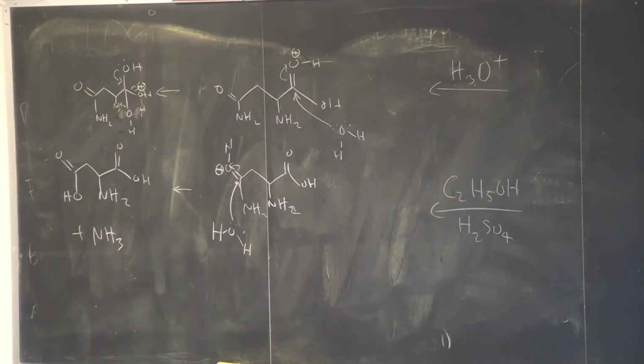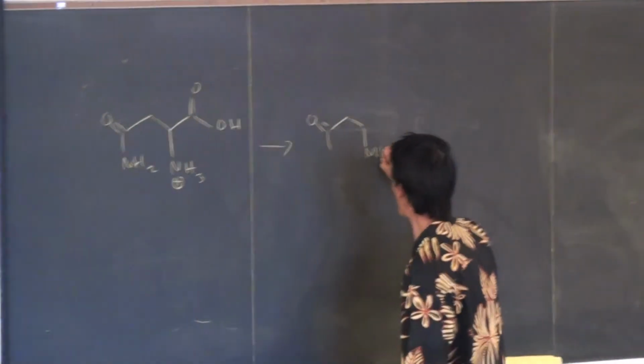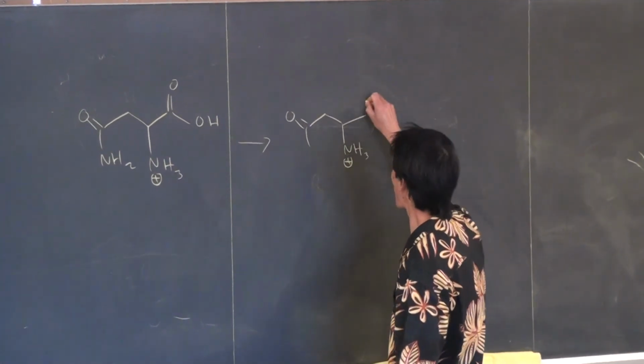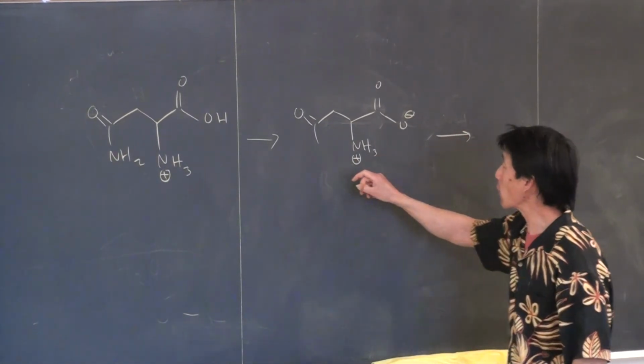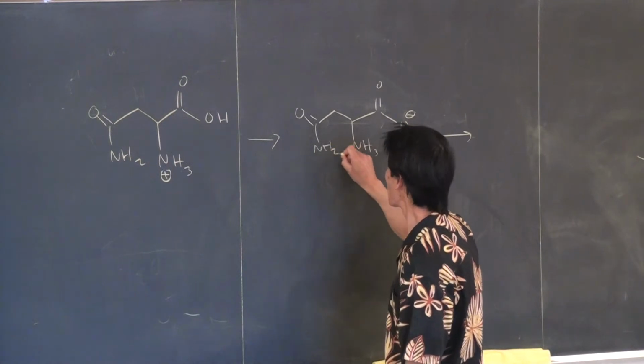Remember that we did this, so we have this compound. The fully protonated form would be this compound. Then we said, depending on the pH, it will either form this one, and then it will lose that proton to form the third form.